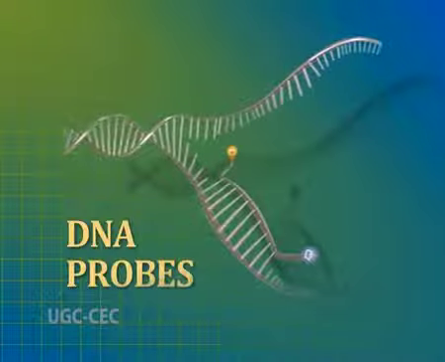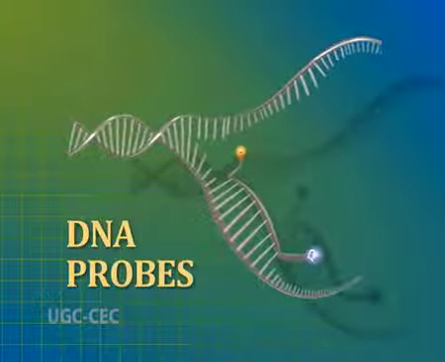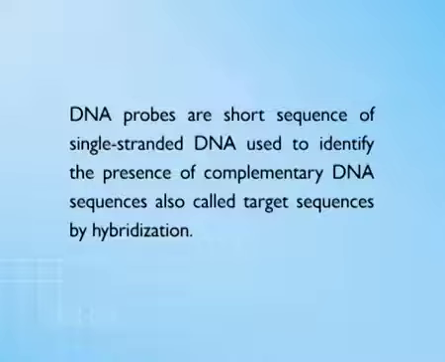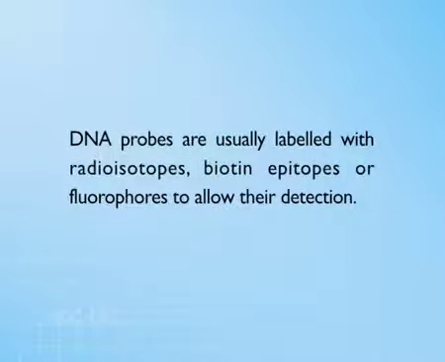Now, let us first consider discussing DNA probes. DNA probes are short sequences of single-stranded DNA used to identify the presence of complementary DNA sequences, also called target sequences, by hybridization. DNA probes are usually labeled with radioisotopes, biotin epitopes, or fluorophores to allow their detection.